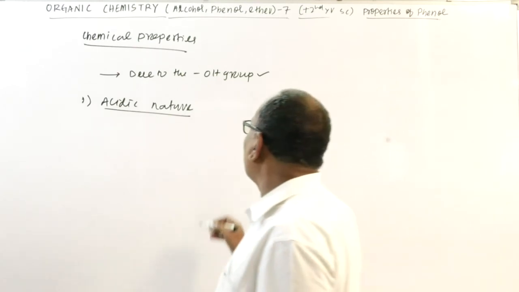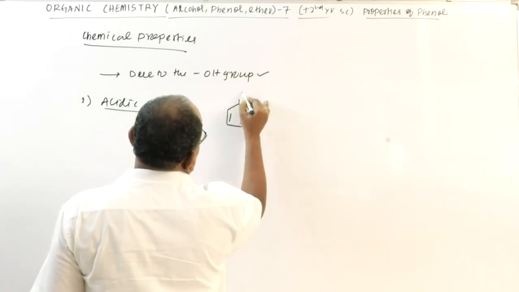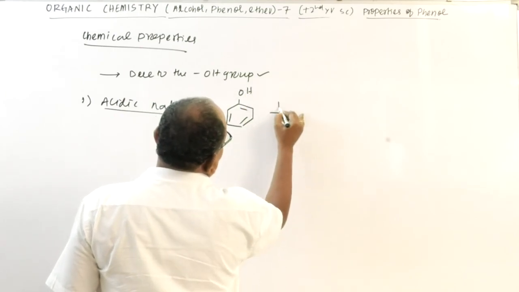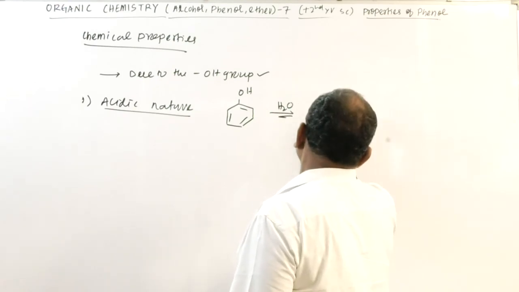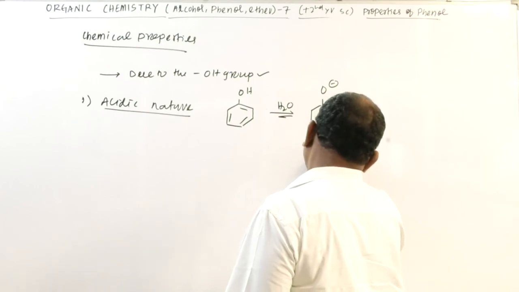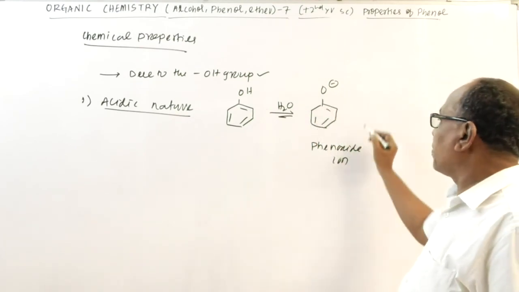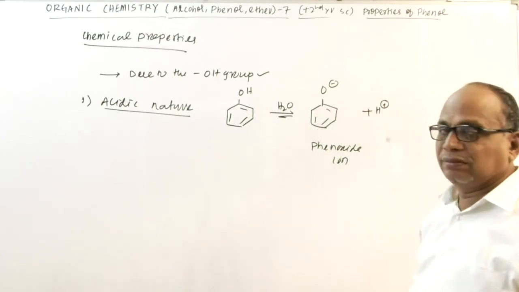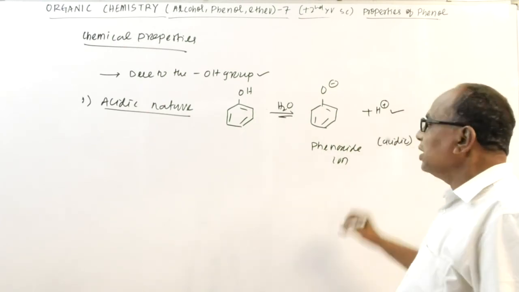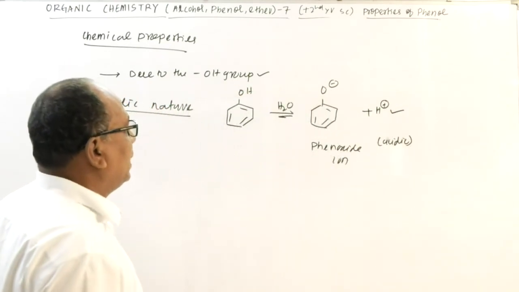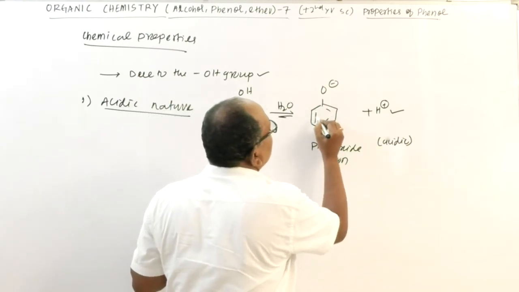So when phenol is dissolved in water, it dissociates to form phenoxide ion plus H plus ion. Due to the formation of H plus ion, it is acidic in nature. Now you will see why the phenol molecule dissociates to form phenoxide ion and H plus ion.